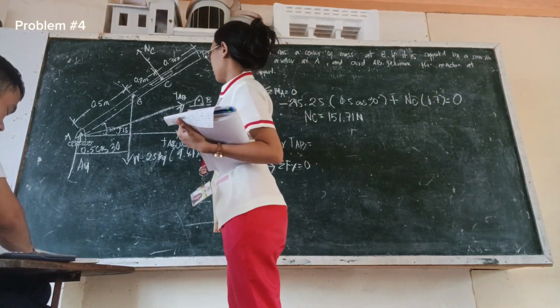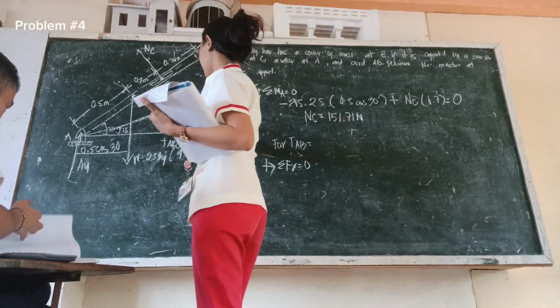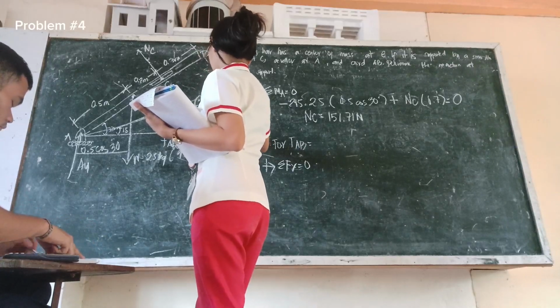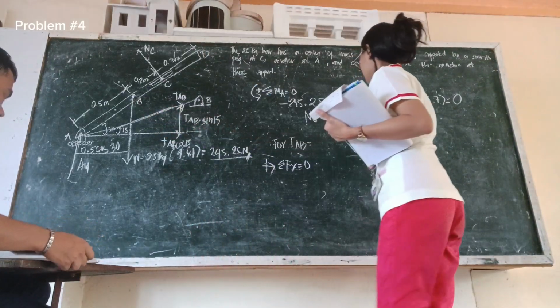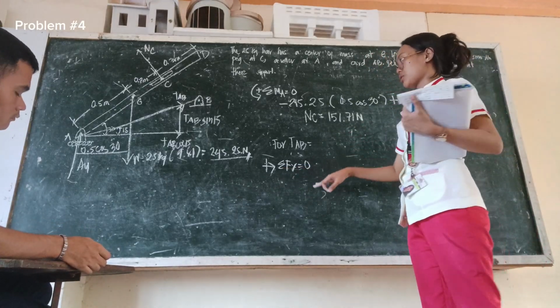For the vertical direction, we have TAB sin 15. So for TAB, summation of Fx is equal to 0.